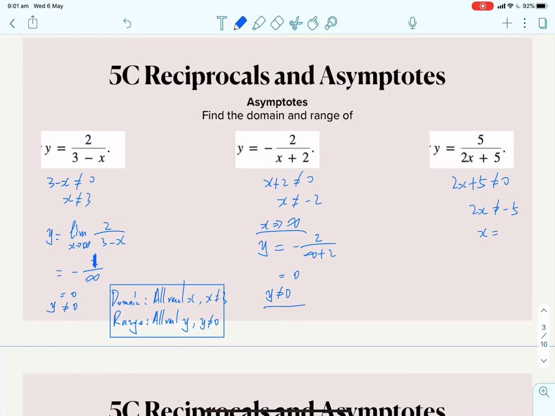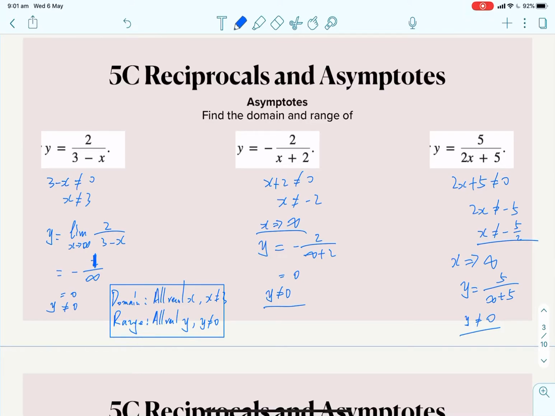So x not equals to negative 5 over 2, or x not equals to 2.5. Same thing. And for y, this one is really similar. If x goes to infinity, y is just 5 over infinity plus 5. It's basically 0, so y not equals 0. So those two.